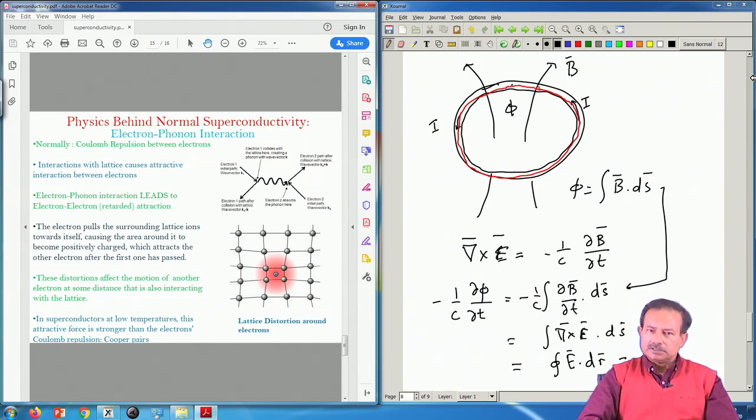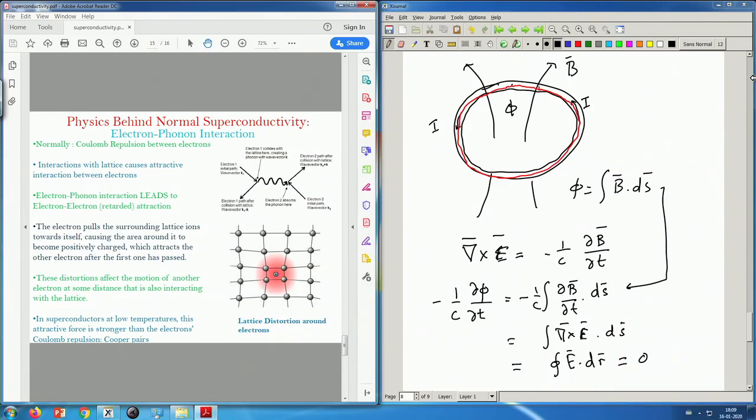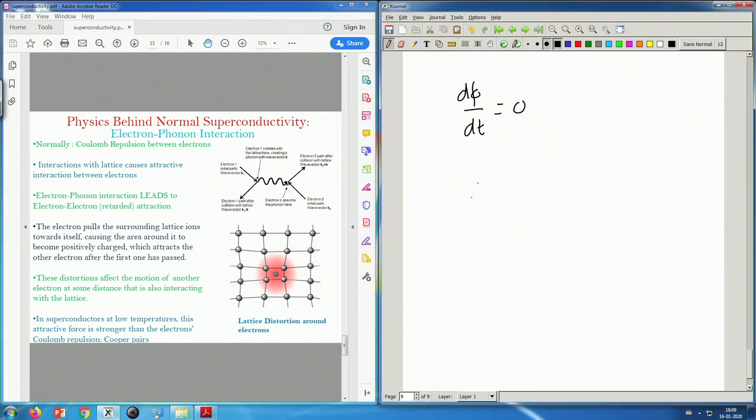And there is this London equation, which is a phenomenological equation, but that shows how the magnetic field decays inside a superconductor, leading to the Meissner effect. And then of course, there are these experimental evidences, and there is this persistent current, which I just showed.